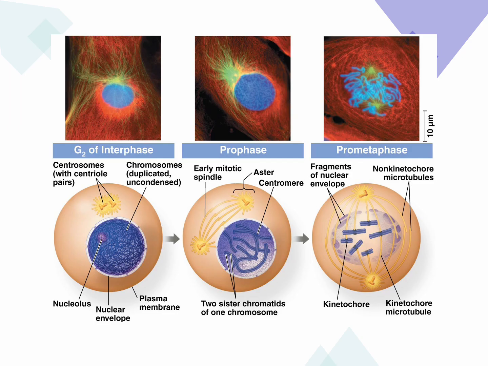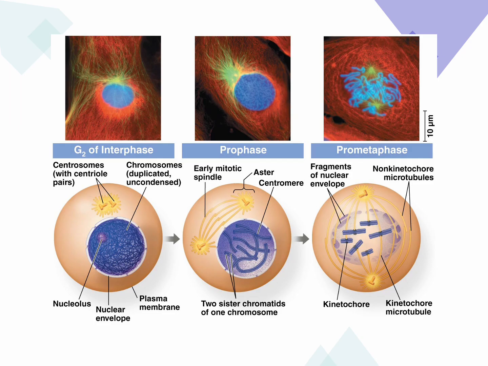And the DNA is going to start to condense, and eventually it will condense into the chromosomes. At the same time, you have these centriole pairs, these little microtubule factories that are going to start to make their way to the opposite ends of the cell, the poles, if you will. So think of like North Pole, South Pole.